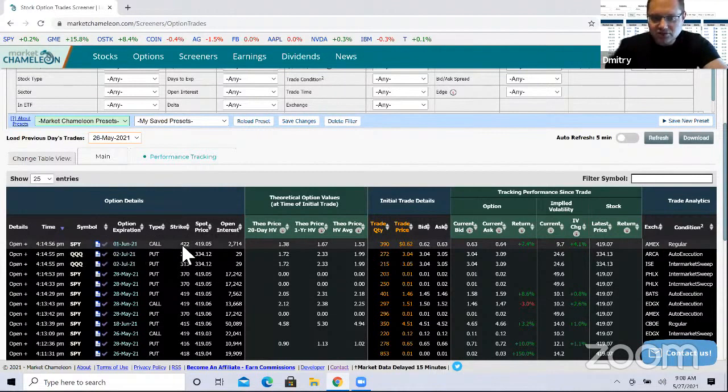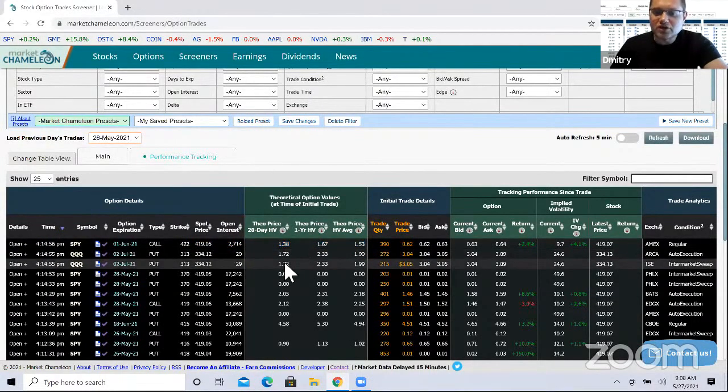And here's the trade over here, so we have the trade details: what the option was, the strike, the time it traded, the symbol. Here, we put a reference as to what the theoretical value of this option is at the time of the trade, based on the option pricing model, the Black-Scholes model, using historical volatilities.